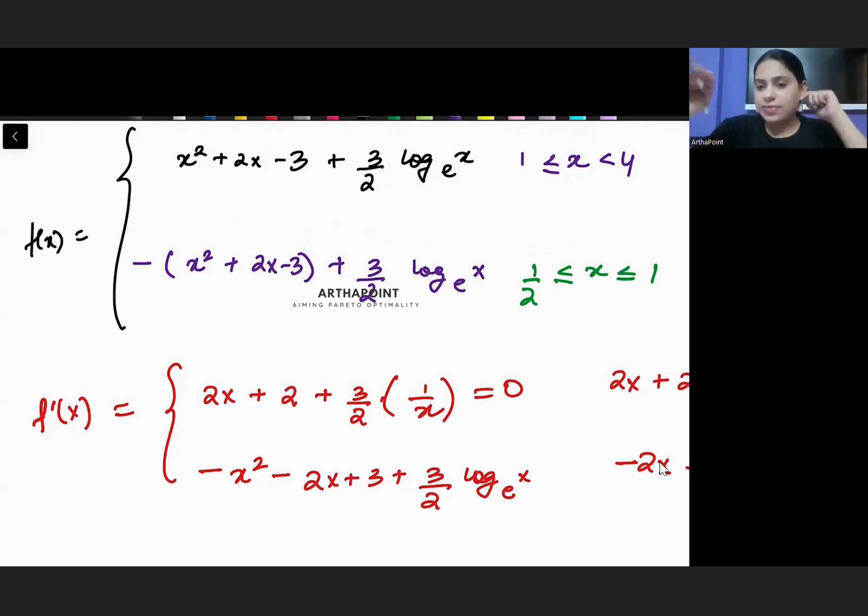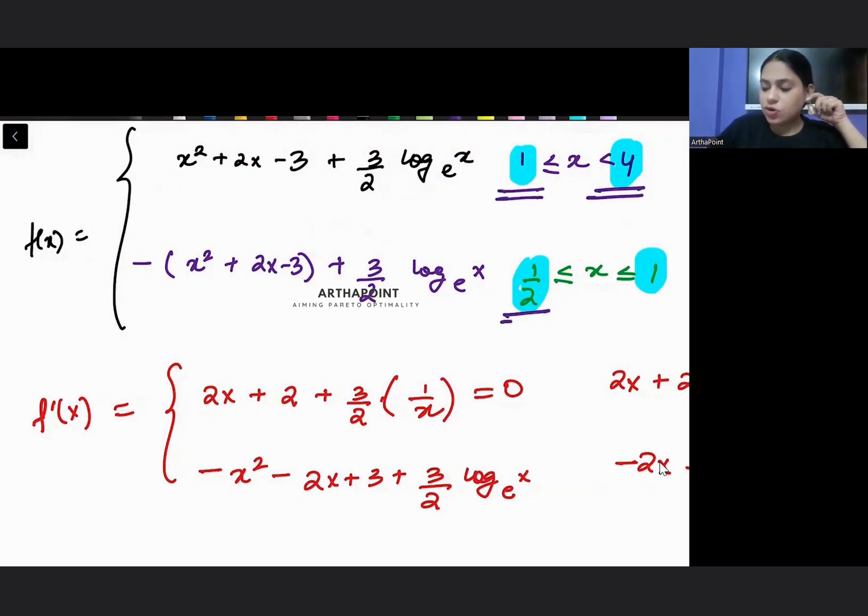I'm not checking what happens at the point where the function actually changes its shape. You know, I'm not checking what happens at 1. I'm not checking what happens at 4. I'm not checking what happens at half, right? So before I go ahead and find the derivative and equate it to 0 and so on and so forth, shouldn't I be checking the functional values at these points?